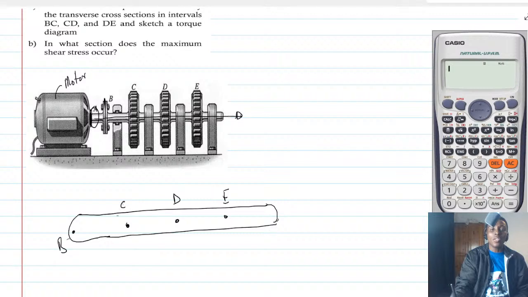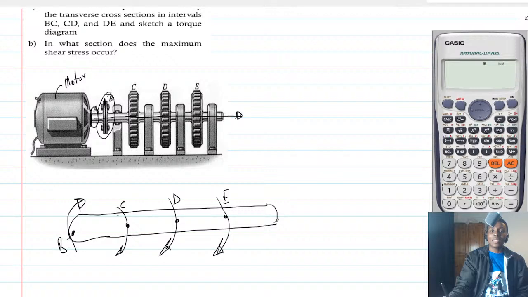If the motor begins to turn, then as the motor turns, gear C is going to rotate. This is also going to rotate. So all these are like gears which are actually rotating, right? So to counter it, the coupling at B will need to provide a counter torque or moment. Alright? So basically that is what is happening.